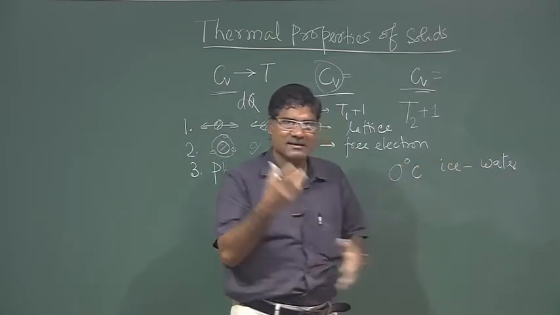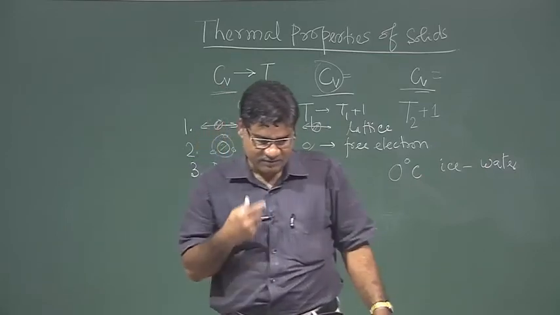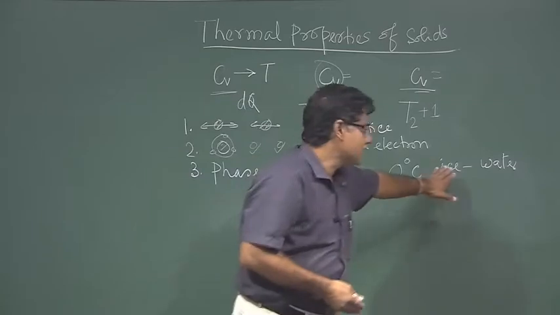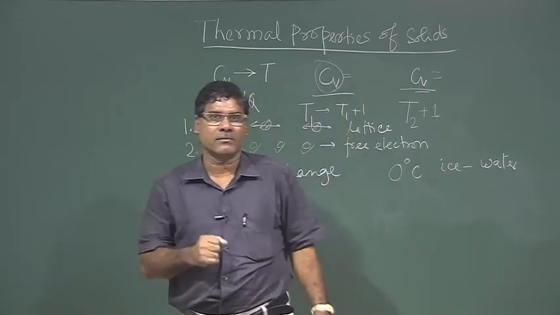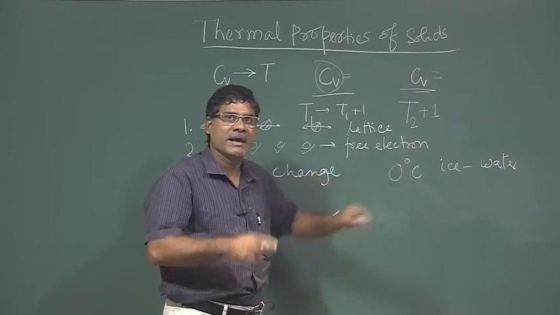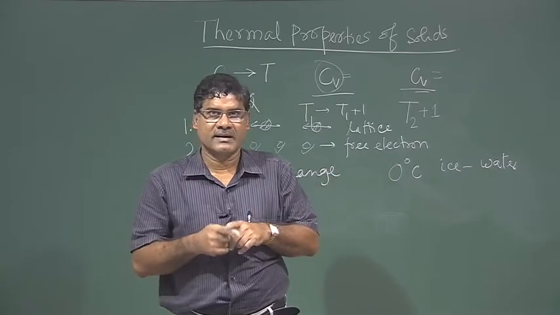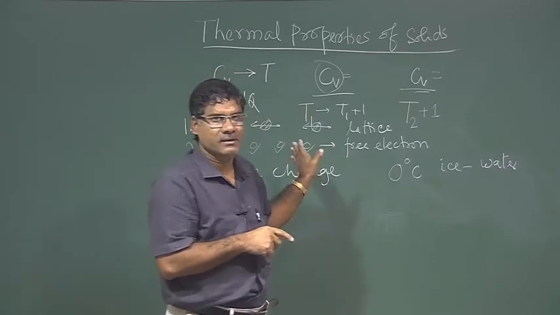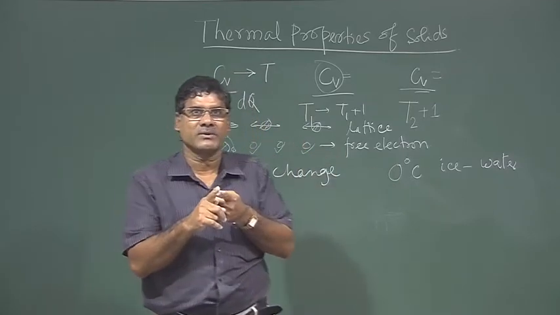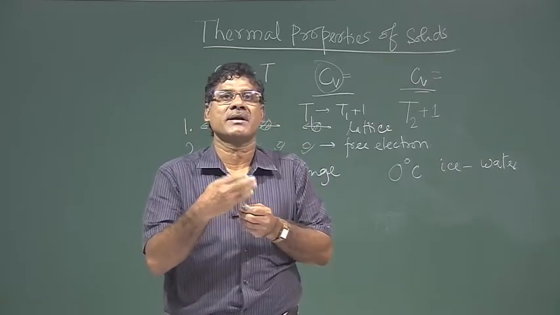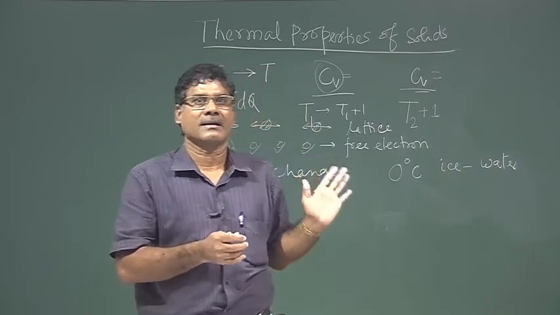So, in this case, the amount of heat we require for this phase change is called latent heat. So, that you know, but one thing is clear: when there is a phase change, at that temperature it is different from the other temperatures. At that temperature we need more heat to change 1 degree temperature than at the other points.